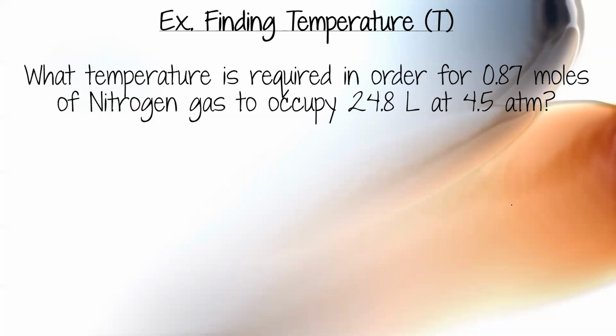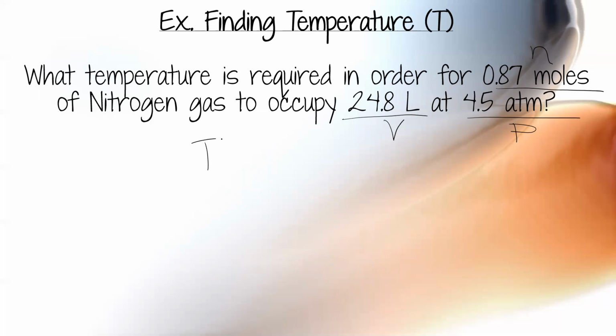Okay, so what temperature, T, I'm finding T, is required in order for 0.87 moles, that's N, of nitrogen gas to occupy 24.8 liters, that's V, at 4.5 atmospheres, that's P. Once again, if you weren't in these units, you must convert before you solve the problem.